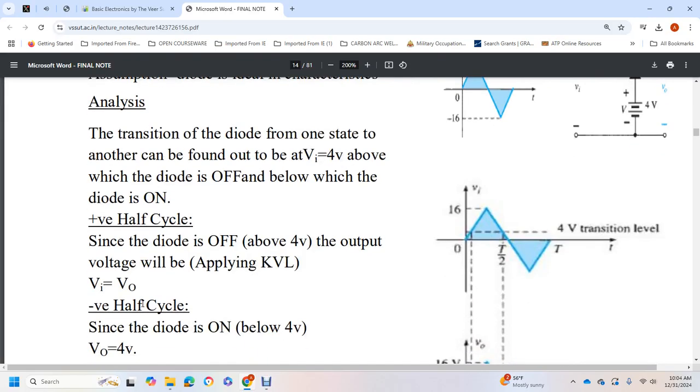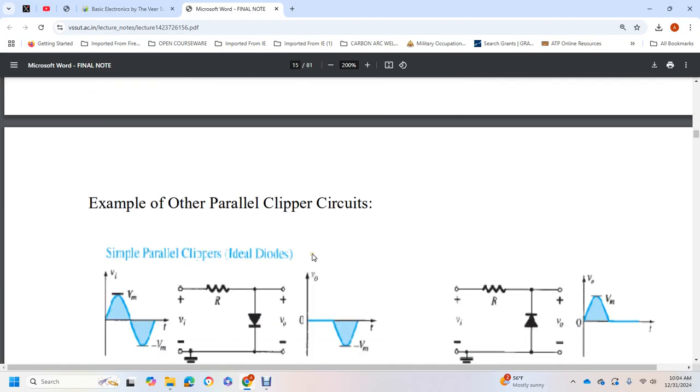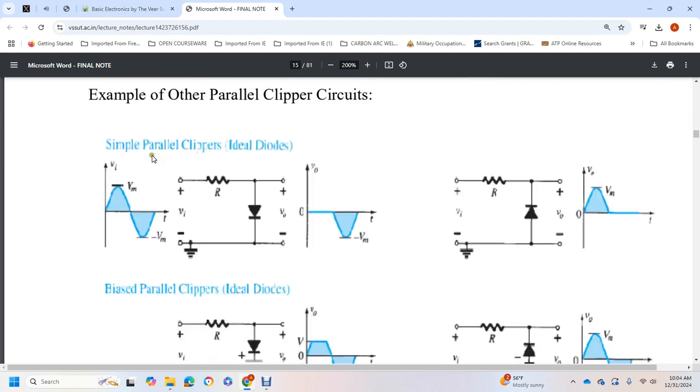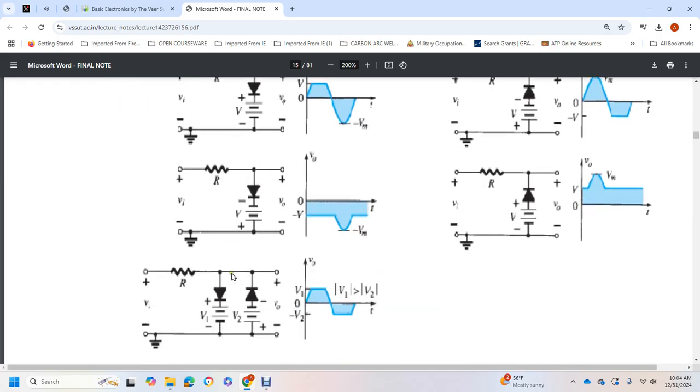For the half cycle where the diode is off, the output voltage equals the input voltage, Vo equals Vi. For the half cycle where the diode is on, the output voltage equals 4 volts. The figure shows the input and output waveforms. Examples of other parallel clippers: we have simple parallel clippers with ideal diodes, and biased parallel clippers with ideal diodes.